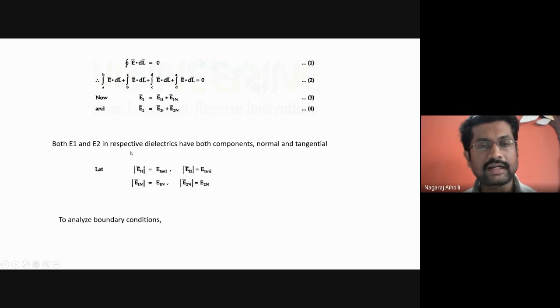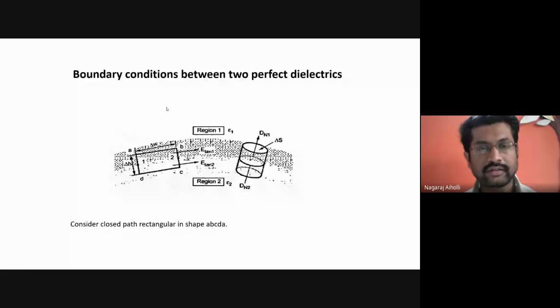If we want to analyze the boundary conditions, what do we have to take here? The boundary condition. This is the height delta H. We want the conditions to be analyzed at the boundary. Then what should be the height delta H? We have to analyze at the boundary between the two perfect dielectrics.